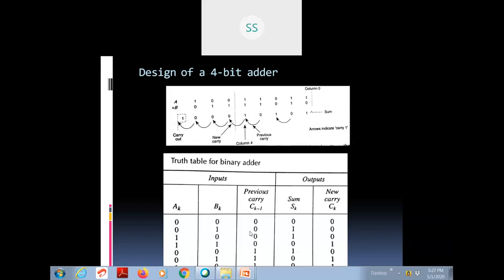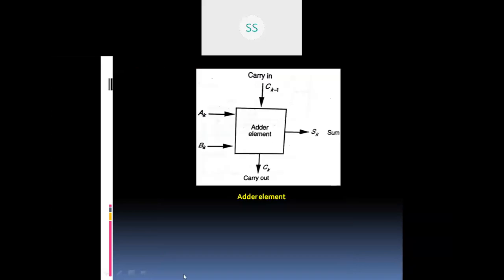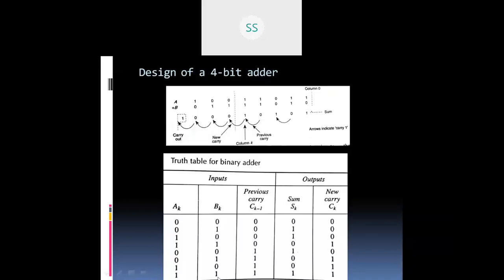AK bar BK CK minus 1 bar, or AK BK bar CK minus 1 bar, 2 terms. Then the third term is AK bar BK bar CK minus 1, plus AK BK CK minus 1.